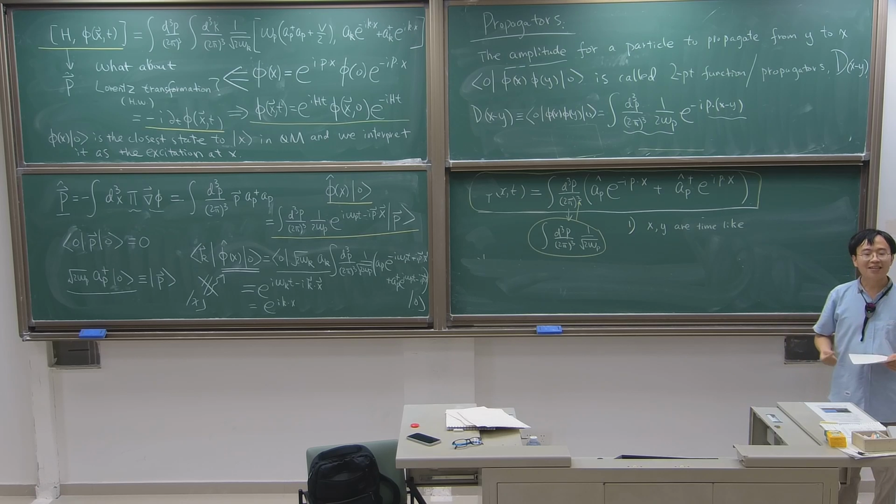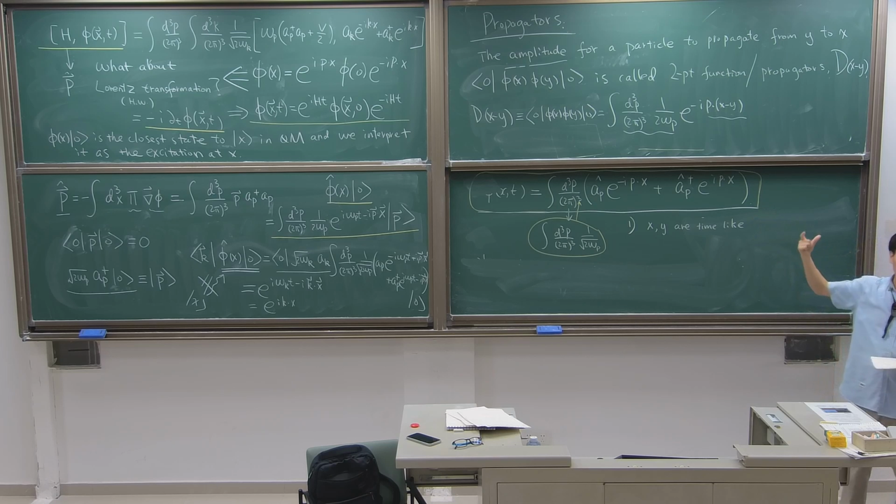Now, case 1 will be time-like. If x and y are time-like, and if the final object is Lorentz invariant, this means what? I can always choose a particular frame, right? Because the final quantity will be Lorentz invariant, it doesn't matter which frame I'm working in, I should get the correct result. Is that clear? So I can choose the easiest frame I want.